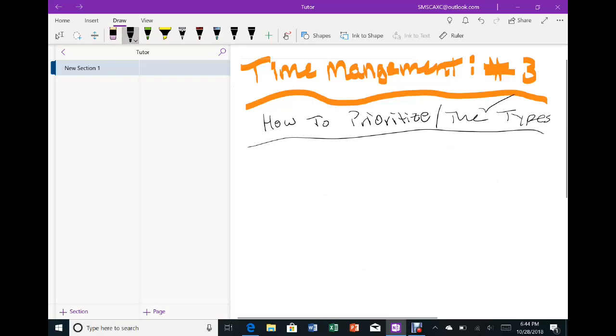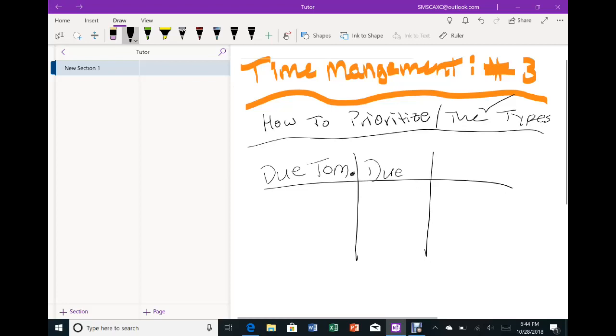Alright, so now we are on to the types part 2. So this, I guess, chart is going to be due tomorrow. Due days. Due days. And then, long term.